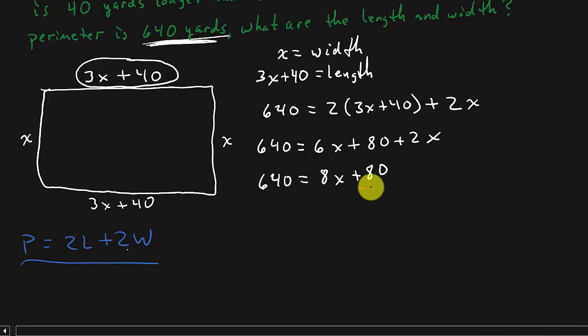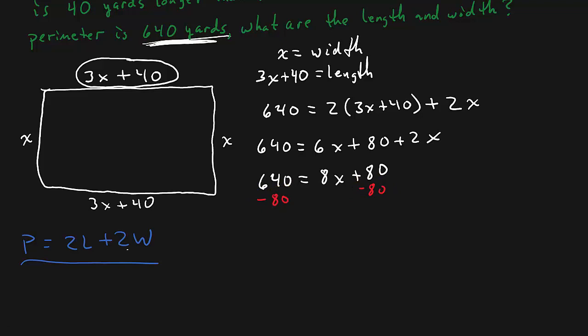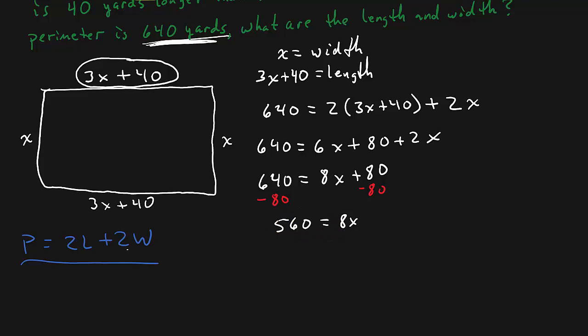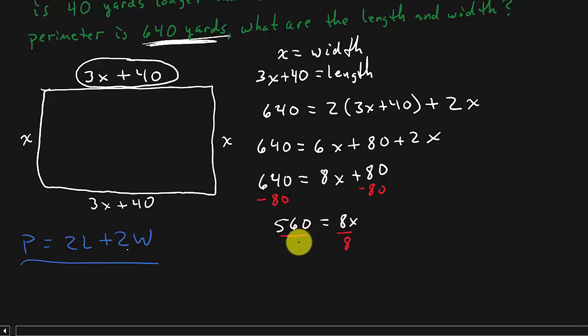And then I'm going to subtract 80 from both sides. And so that is going to give me 8x is equal to, what is that, 560? And then divide both sides by 8. And so I'm going to get x is equal to 70 yards.